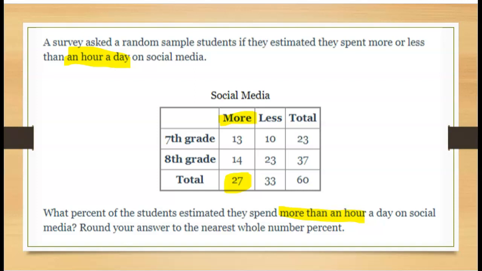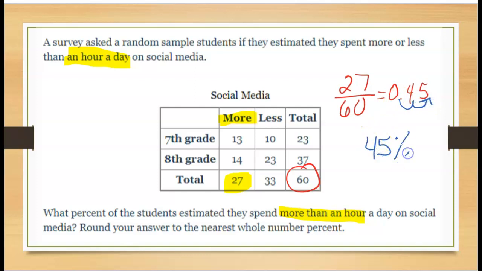In order to find the percent, remember, we take our desired information divided by the total. When you take 27 divided by 60 and put that into your calculator, you will get 0.45. To change that to a percent, remember you move the decimal 2 places to the right to get 45%.